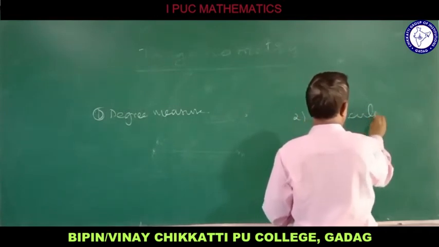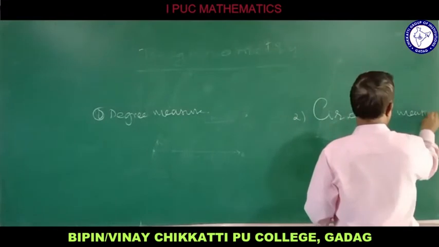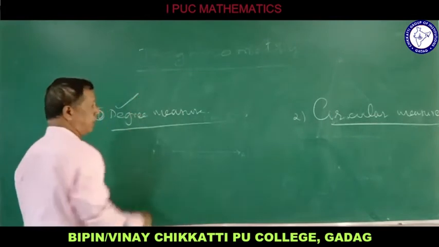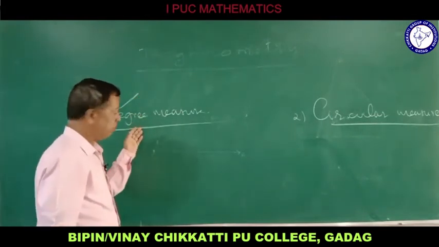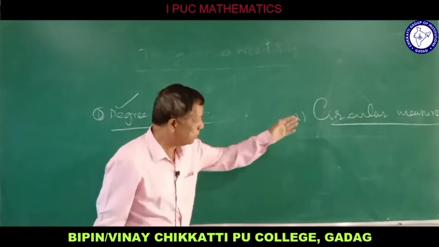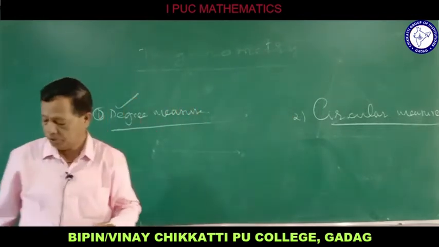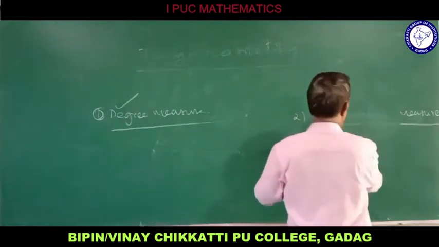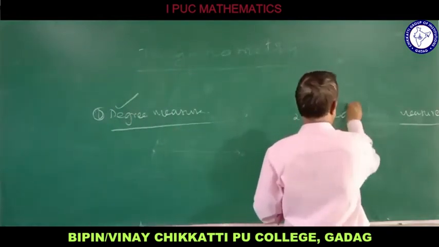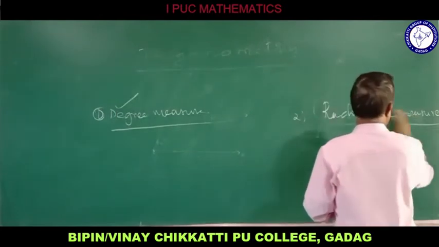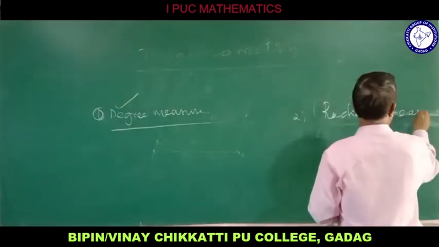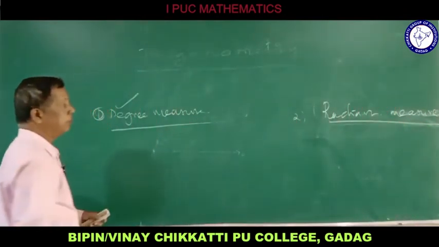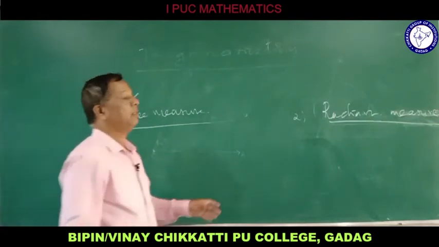The circular system may be taken as radian measure. One is degree measure and the other one is circular measure or radian measure.